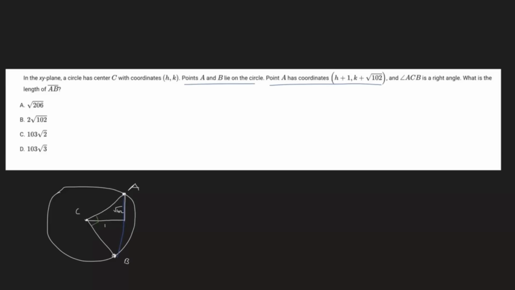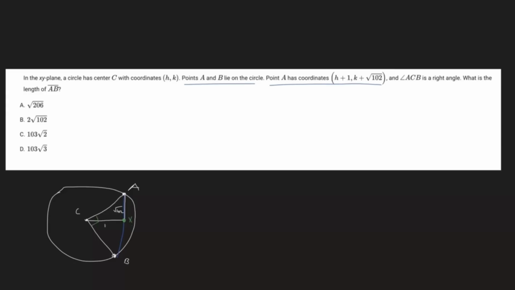So in reality, we can see here that we have two triangles encompassing each other and making up one triangle. In order to solve this problem, we need to use the Pythagorean theorem. So first off, in this first triangle, we're going to have a triangle AC and then this random point out here. So let's just call this X. So triangle ACX is going to have side lengths of square root 102 and 1.